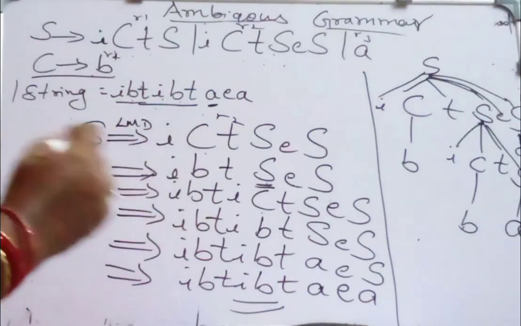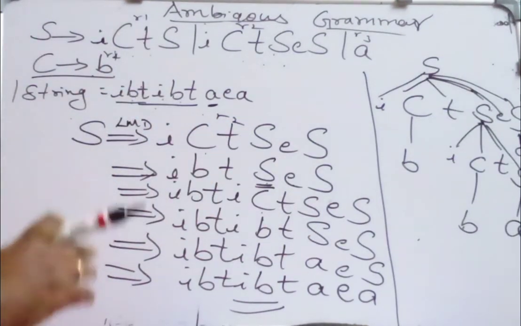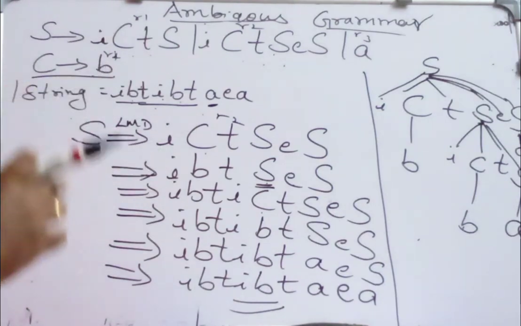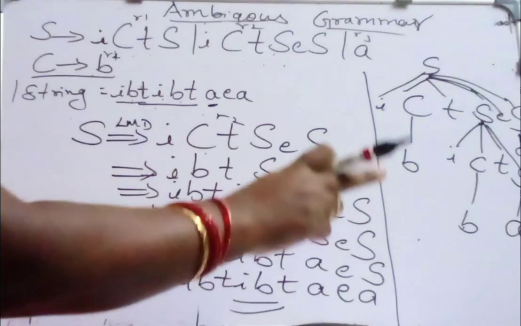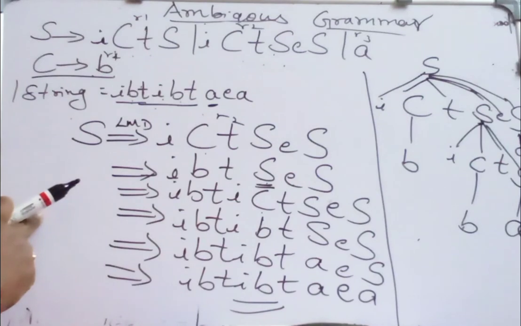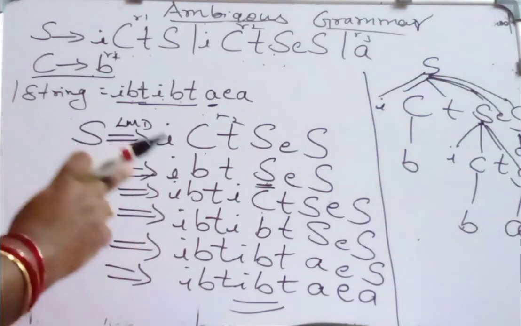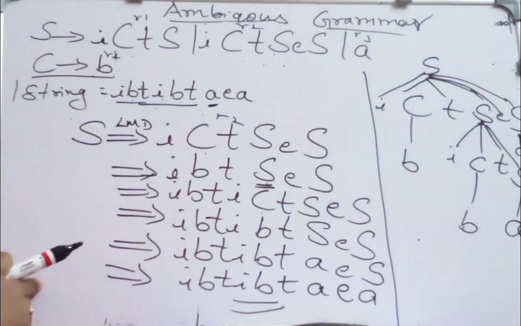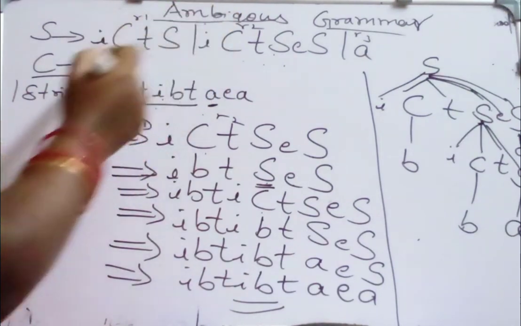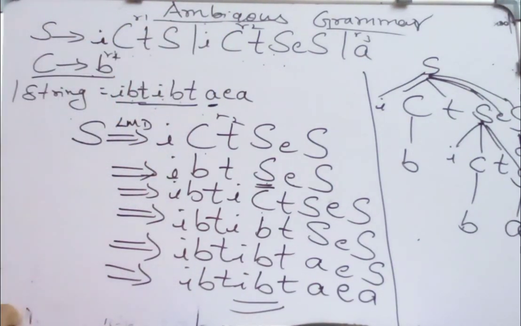The structure of both the parse trees is different. For a given string w, if there exists more than one parse tree, either by applying leftmost derivation or rightmost derivation, or by applying LMD two times or RMD two times, if you get two different parse trees, then we say that the grammar is ambiguous.